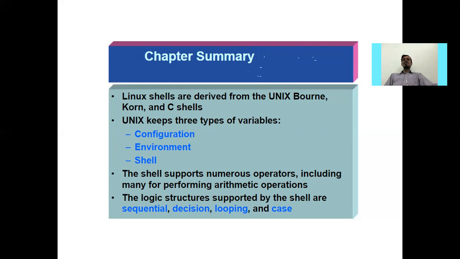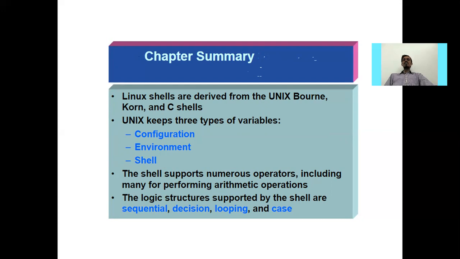Second point of the summary is Unix keeps three types of variables. First is configuration variable that we cannot change. Second, environment variable we can change as our need. And third is shell variables. Shell variables are the variables used to execute a command in a shell script.